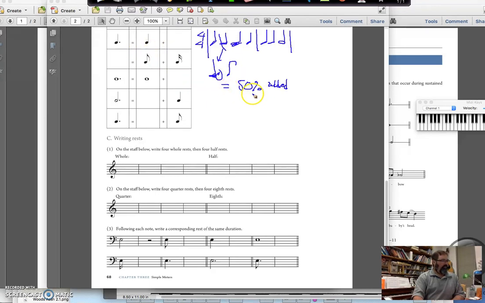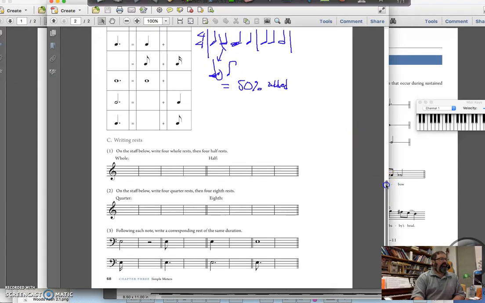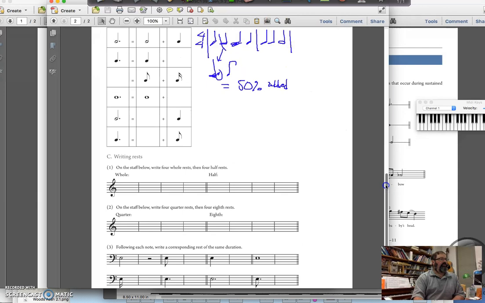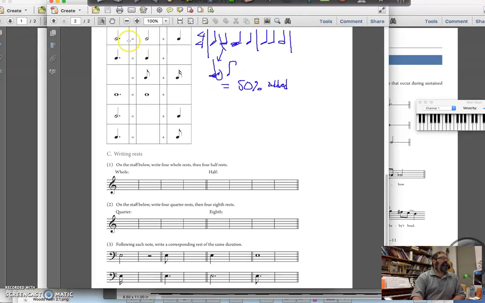On these notes here, they're showing us that the dotted half is really the equivalent of a half plus 50% of a half, which is a quarter. So good information, right?